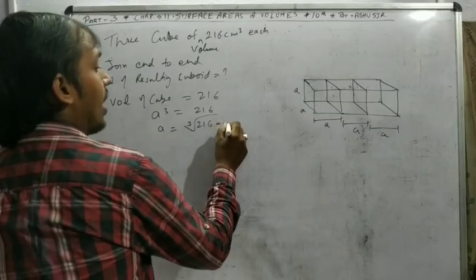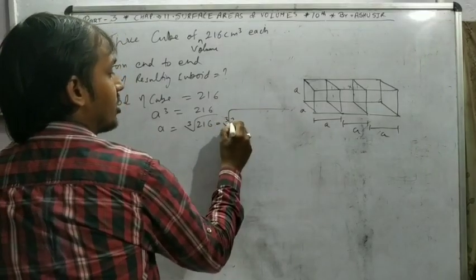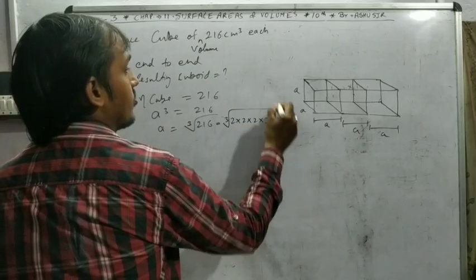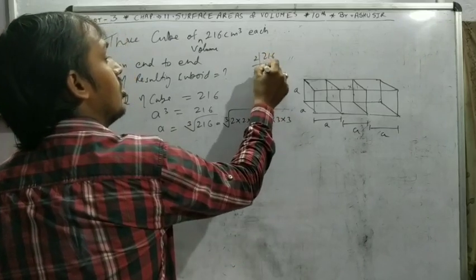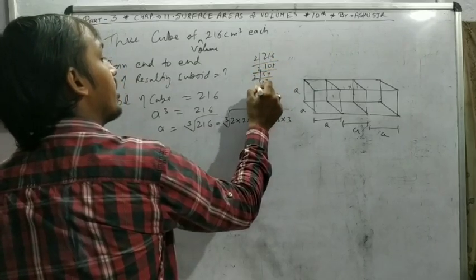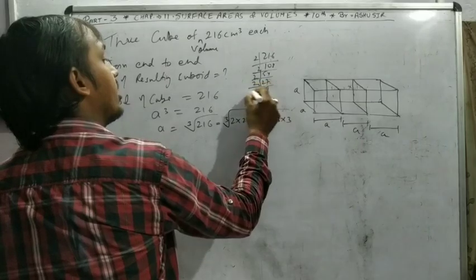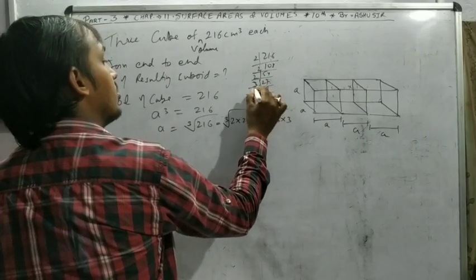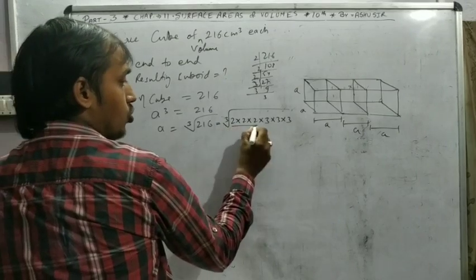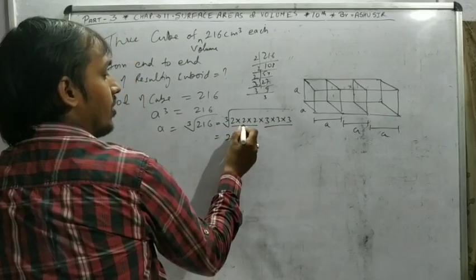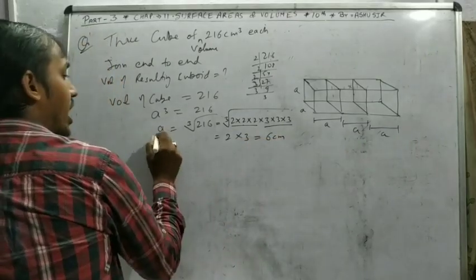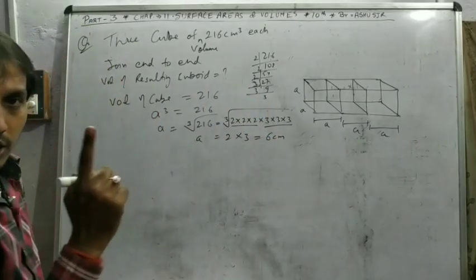So just find the prime factors of 216: 2, 54, 27, 9, 3. Then if the root power is 3, group of 3, one from each group comes outside. 6 centimeter is the edge of 1 cube.